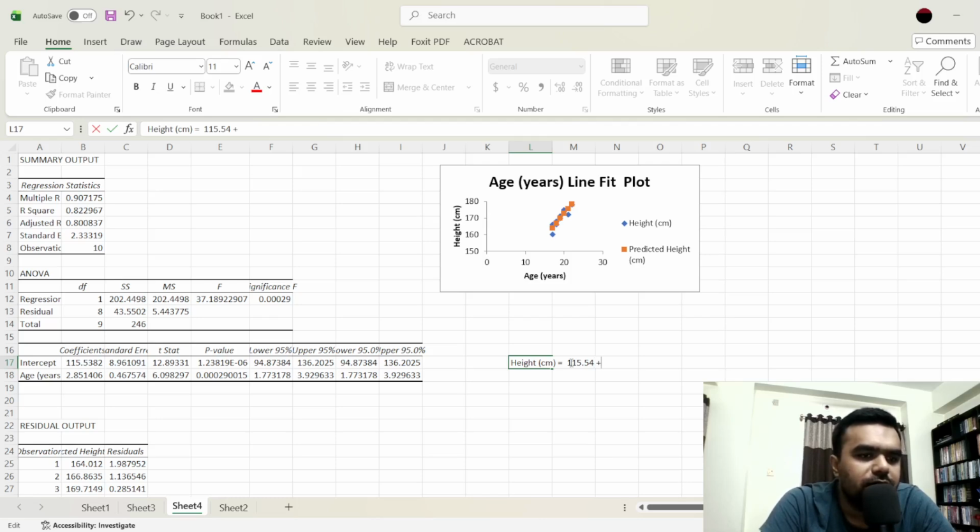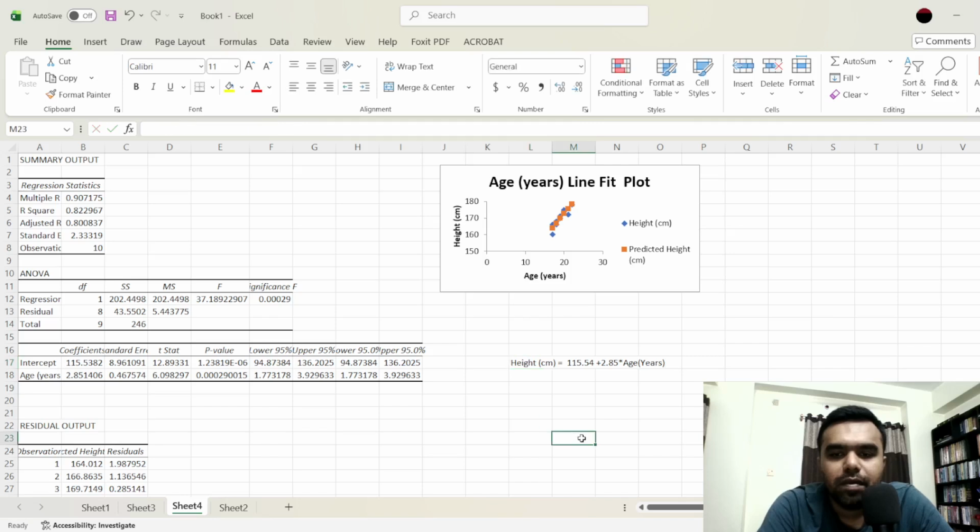now we see the coefficient of the age, which is 2.85. 2.85 is multiplied by their age in years, by which we can predict the height of a student.